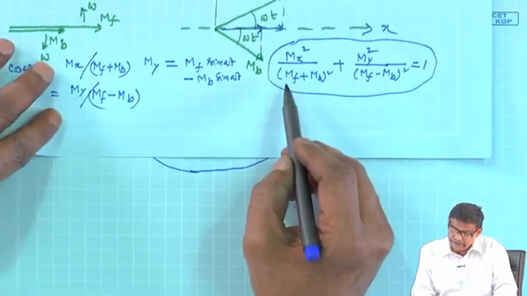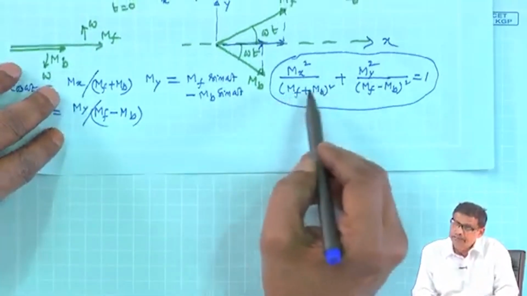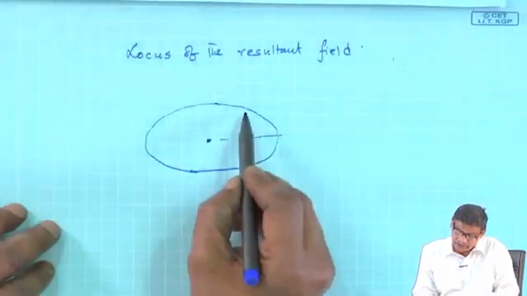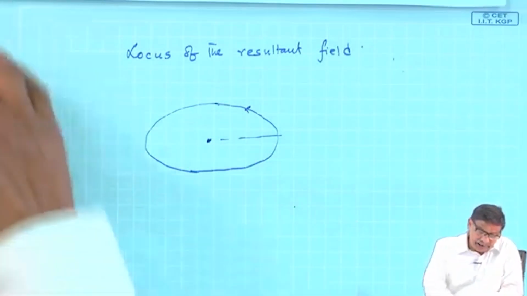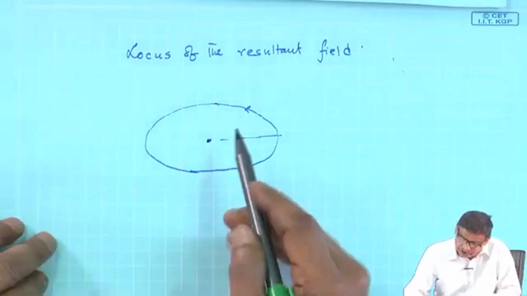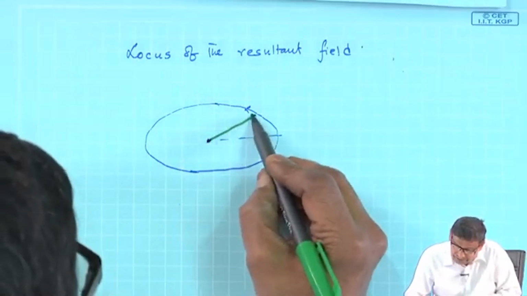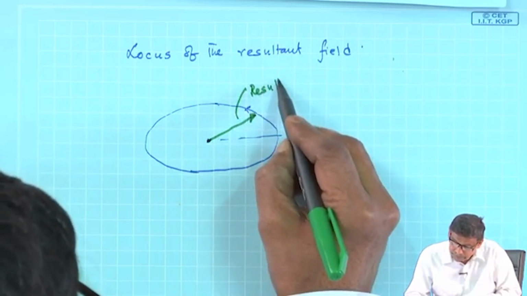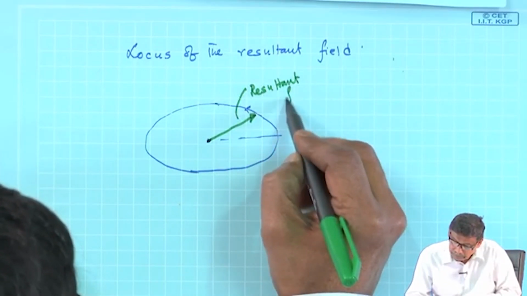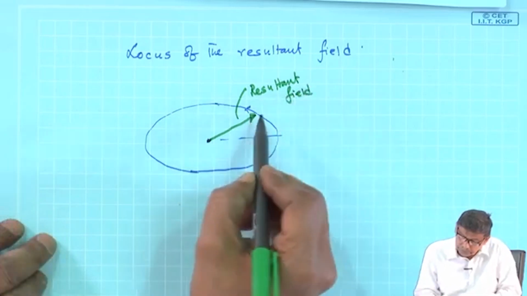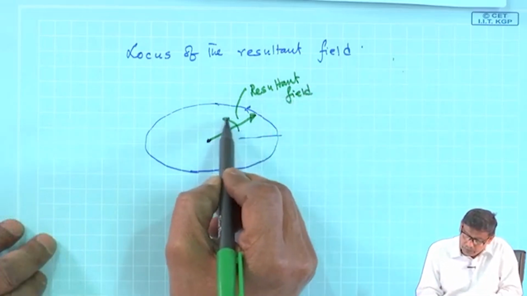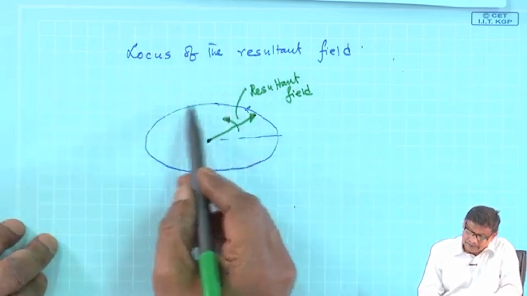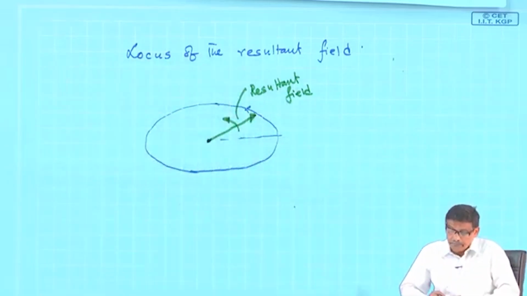This is the semi major axis Mf plus Mb, and this is Mf minus Mb. So, that is essentially what I am telling: the resultant field will move with a speed omega, and it is like this.